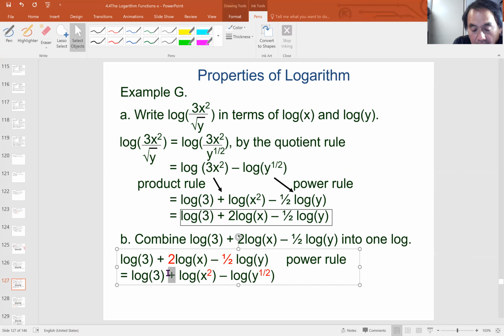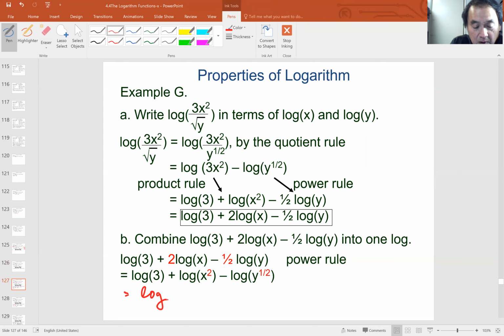Now, log of something plus log of something else is the log of their product. Therefore, I can condense it into the log of these 2 items multiplied together. Of course, I still have minus log of these 2 terms.